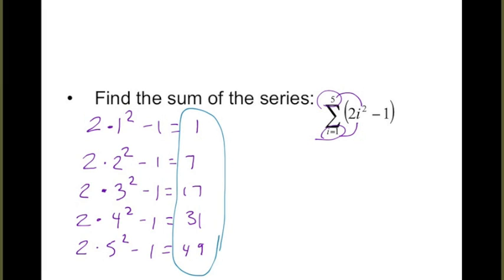Take those numbers and add them all up. And we get 105.